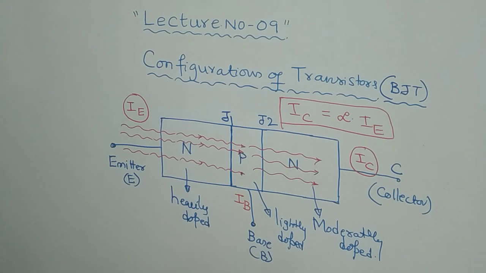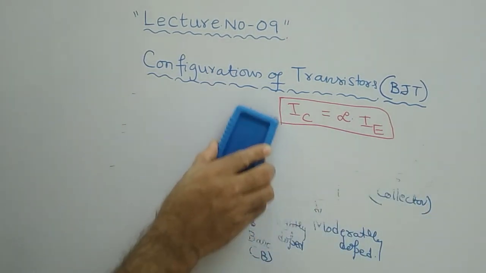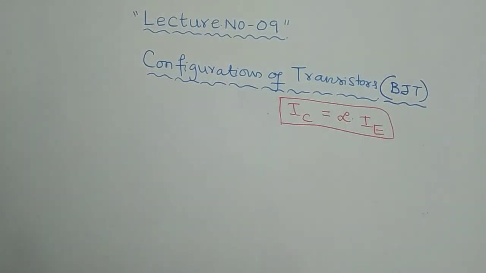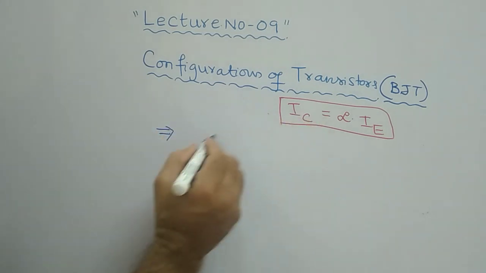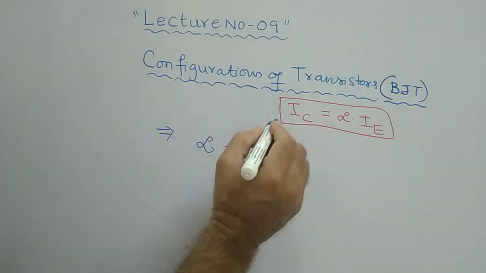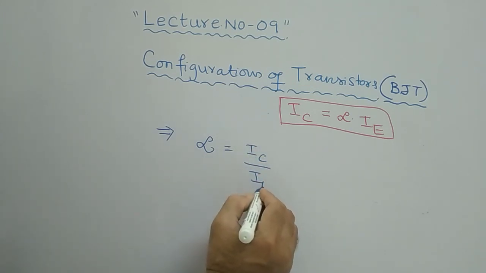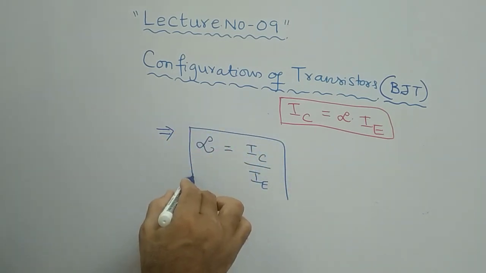Now I can erase this diagram, and I will give you one important definition for alpha. From this relation, IC is equal to alpha times IE. Therefore alpha is simply IC by IE.